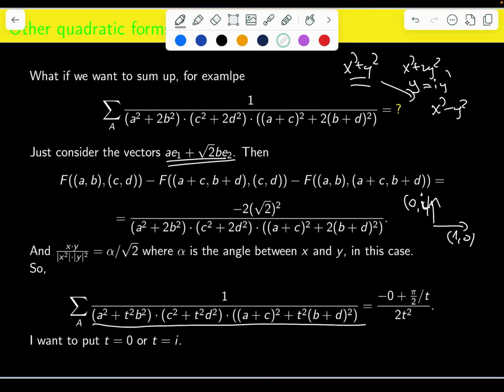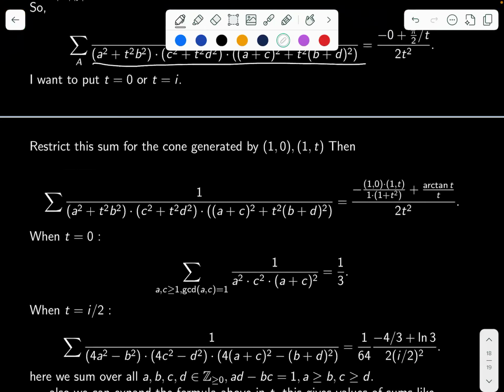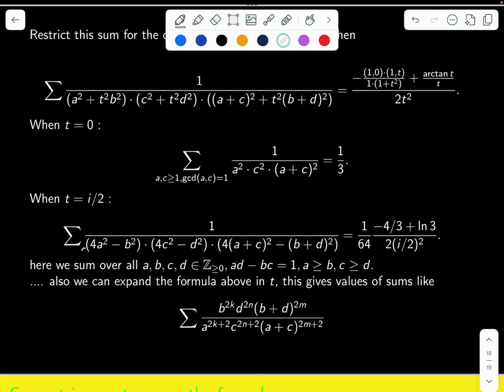So that's how you pass to the forms with positive D. You should look at the convergence, because if you just do it in the wrong way, the sum will diverge. So you should just take convergent parts. But otherwise, it's the same as we did here to get this form.